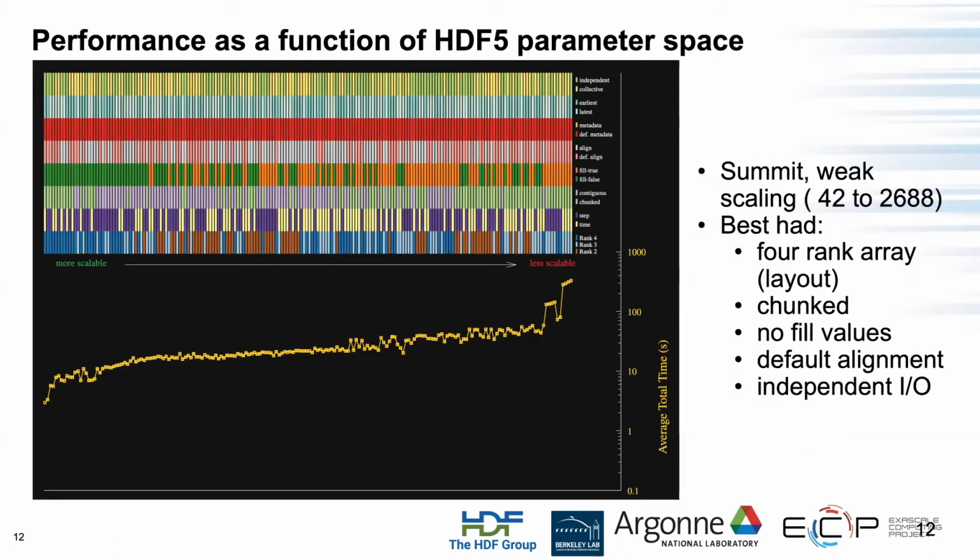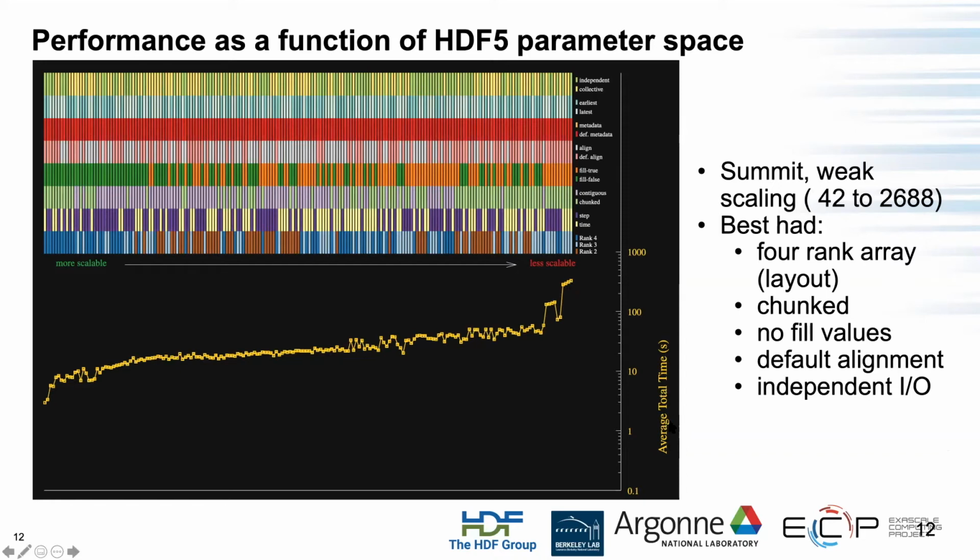So what we did then was do a performance analysis. So this is on Summit, and we did this weak scaling. So we scaled from 42 to 2600 processes. And what I did was arrange each of those parameter spaces from the best scalability, which is here on the left, and then I arranged everything else to the least scalable, which had the least scalability in terms of performance.